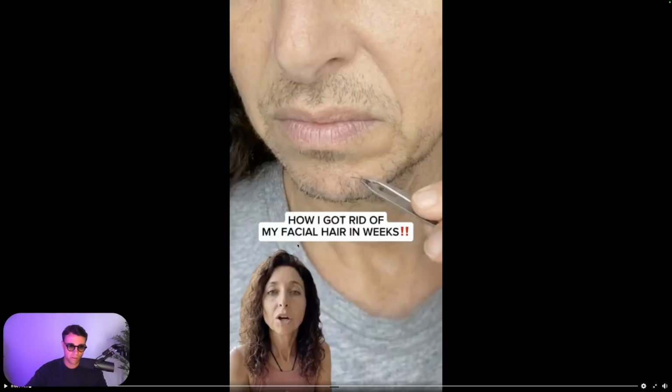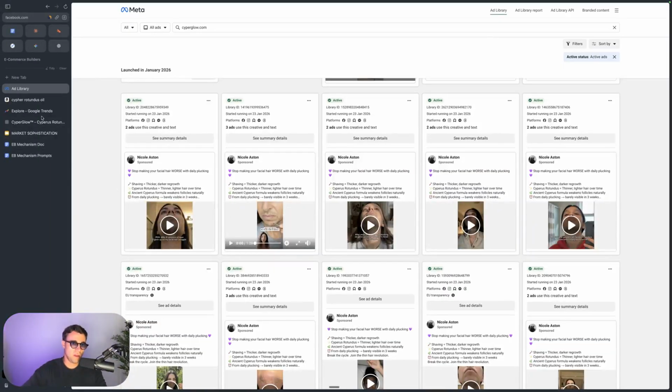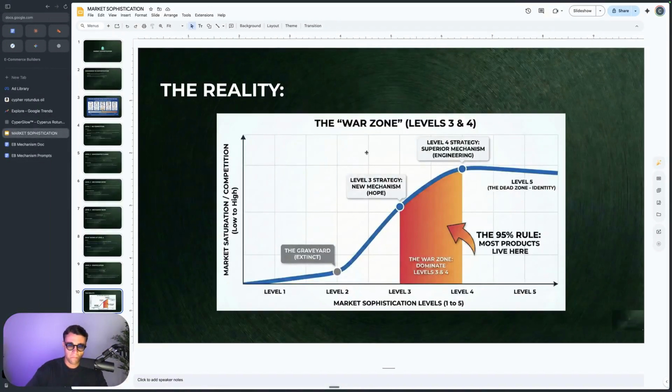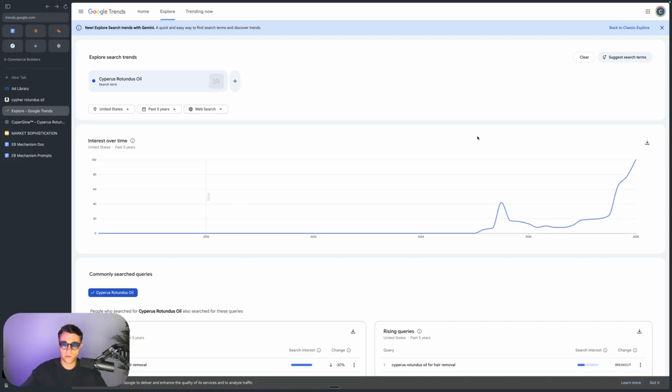And just to give you some context, if we come back here, Cyproglow for this product is at about a level 3 mechanism. Now, if we look deeper into why they're scaling with a level 3 mechanism, if we look at Google Trends, and again, this is a great free tool that you should be using, it really helps you get an understanding of where the market is at.